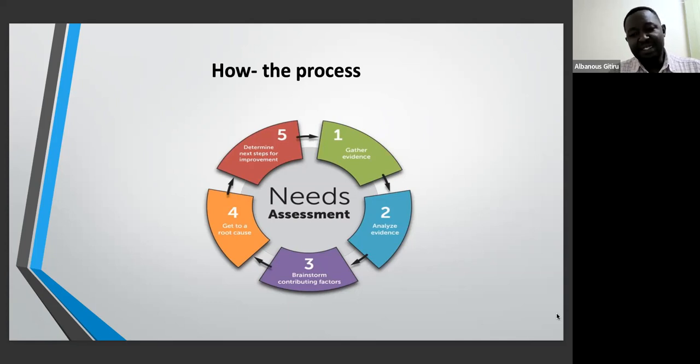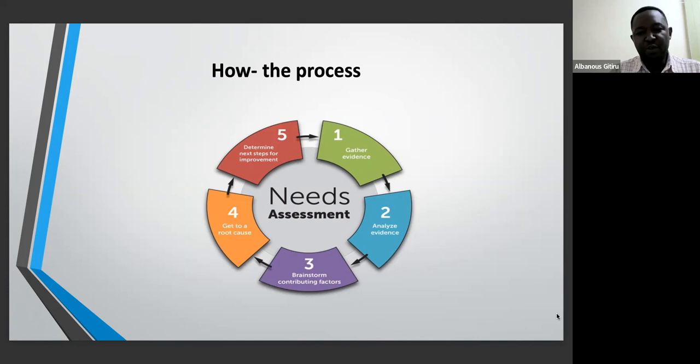Then the second stage is to analyze this evidence, use different analytical tools. And the third is, after you've gathered the evidence, you have analyzed, then you need to narrow down and say, what are the contributing factors for this problem, for this situation? So you do a brainstorming, come out with what the contributing factors would be.